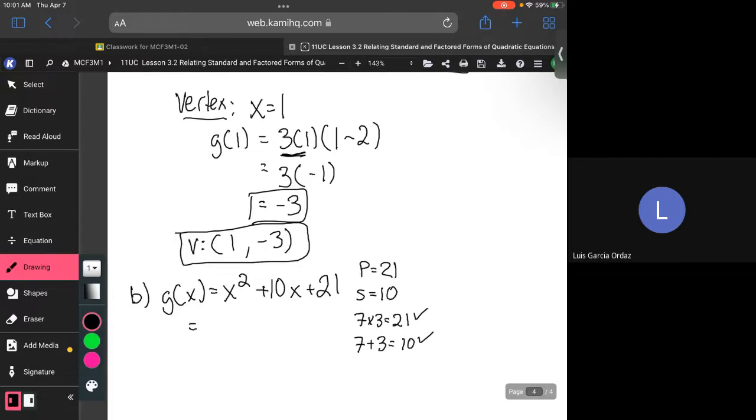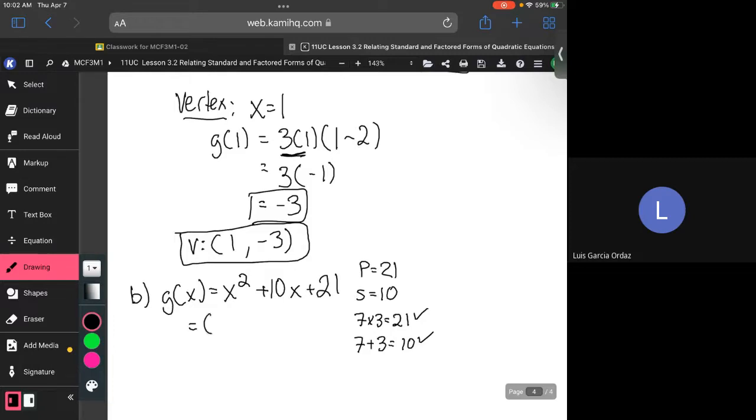So how is this going to look in factored form? x plus 7.